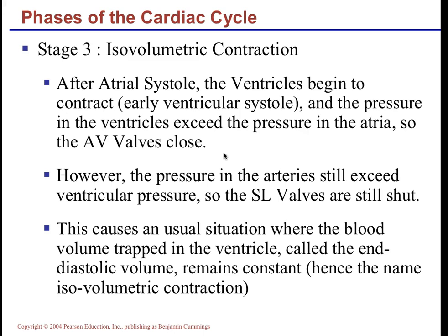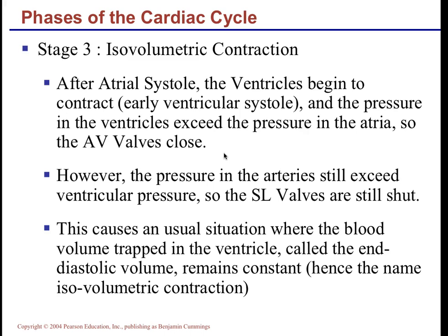There comes a period of time after atrial systole that you've got blood in your ventricles, and ventricular systole is so enormous that they divided it into early systole and late systole. But instead of calling it early systole, they call it isovolumetric contraction, just to confuse you. And then the late systole will be called ventricular systole.